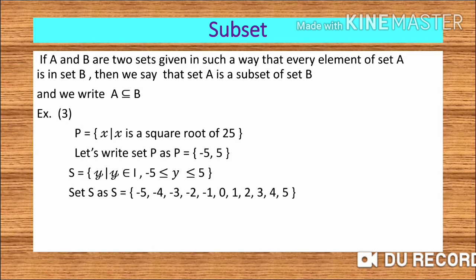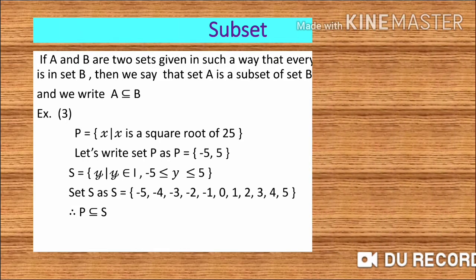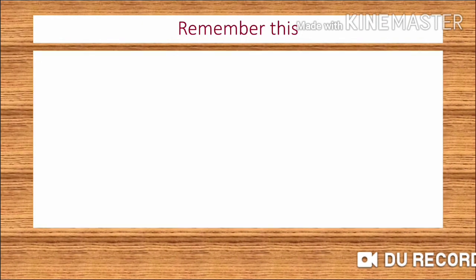Now, set P contains minus 5 and 5, two elements, and both the elements are present in set S. Therefore, we can say that P is a subset of S.